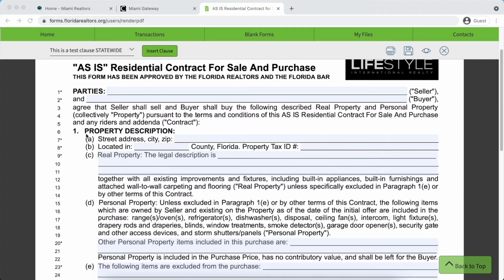So you want to make sure that you put that in there. This information can also be pulled from public records. If you go into the county property appraiser's office, you can pull that information from there, just as you can on line C, the legal description. The legal description is also in public record, and you can copy and paste it on there.